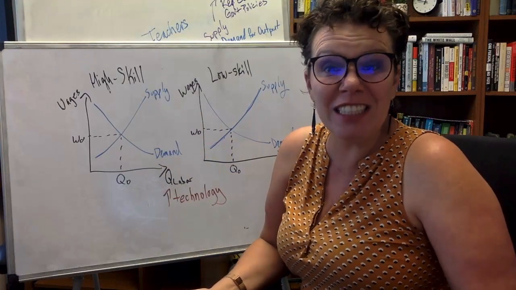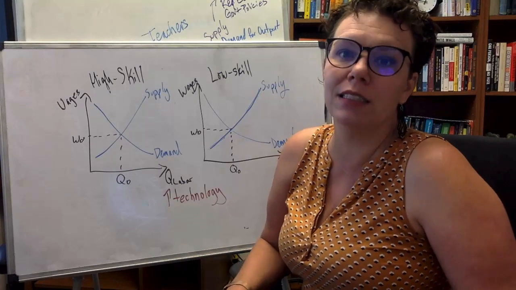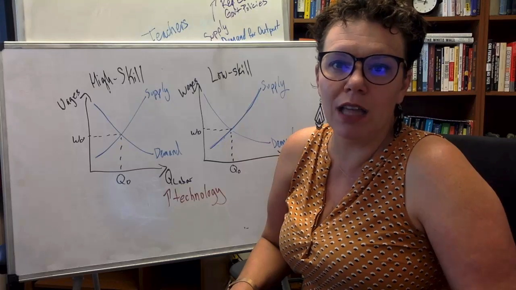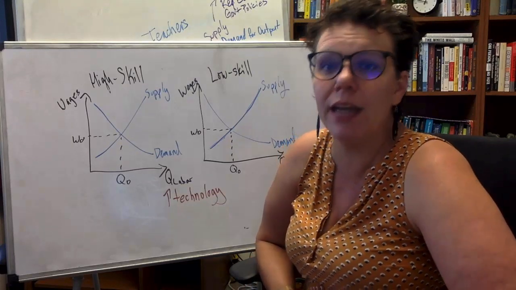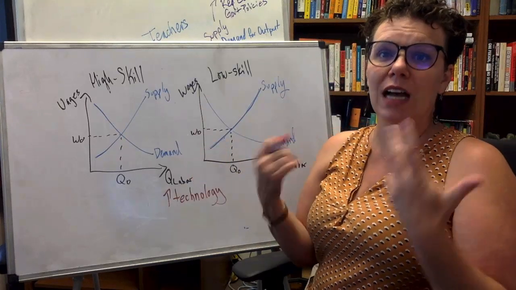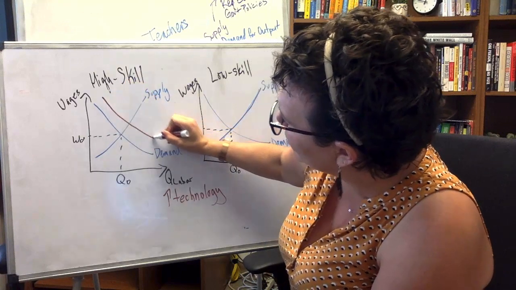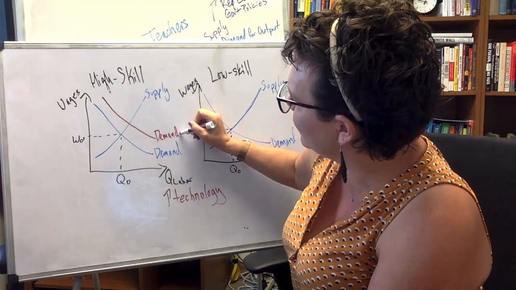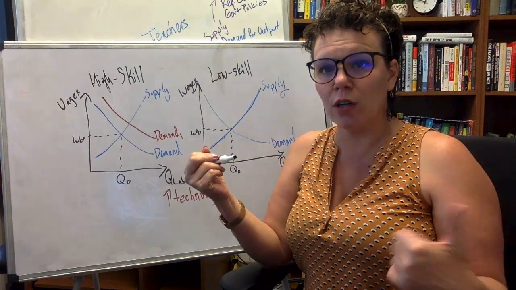We've seen an increase in demand, and we can see this if we go and look at employment information online. If you look at the data, we see an increase in the demand and the employment in those high skilled jobs. Because that increase in technology means those highly skilled workers are going to tend to be more productive than they were in the 80s.